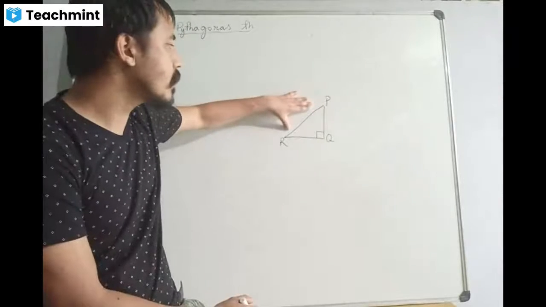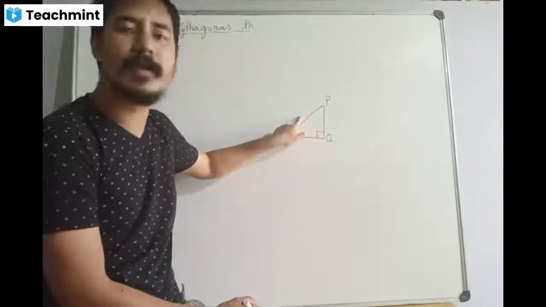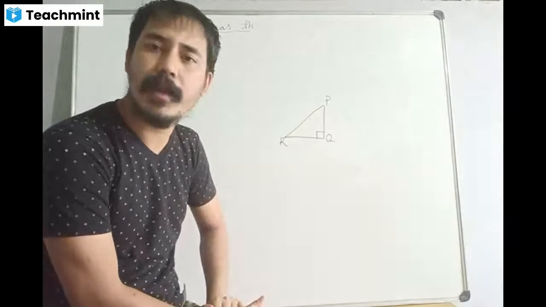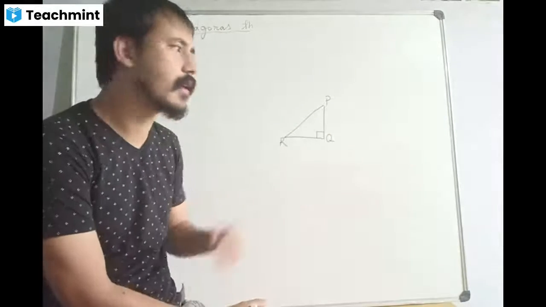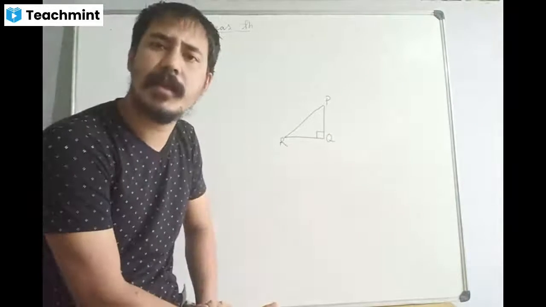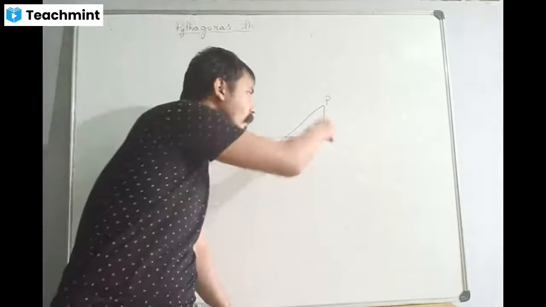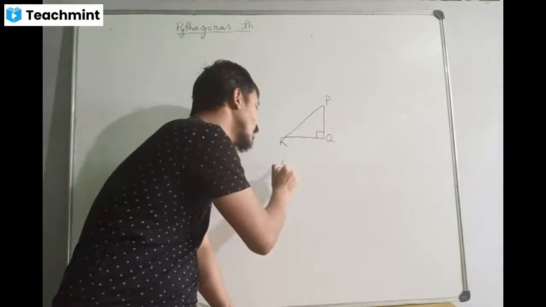The side which is opposite to your right angle is always the longest side, and mathematicians named it hypotenuse.